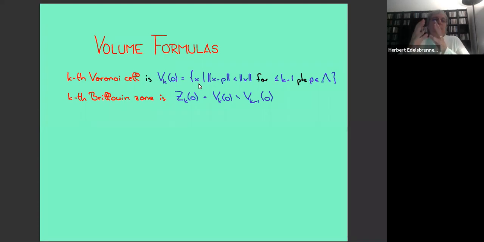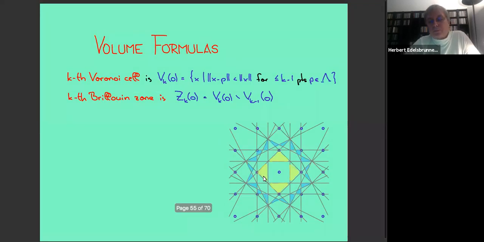So you can imagine the kth Voronoi cell is bigger than the first Voronoi cell. It's not convex anymore. I think I have a picture. Let's see. Yeah, in a plane.